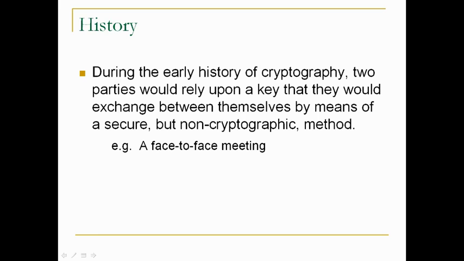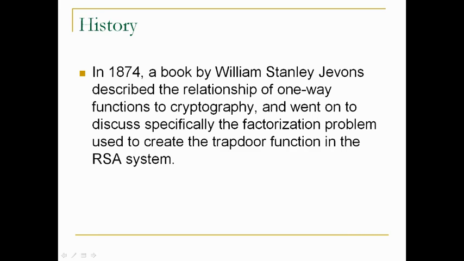In 1874, a book by William Stanley Jevons described the relationship of one-way functions to cryptography and went on to discuss specifically the factorization problem used to create the trapdoor function in the RSA system.